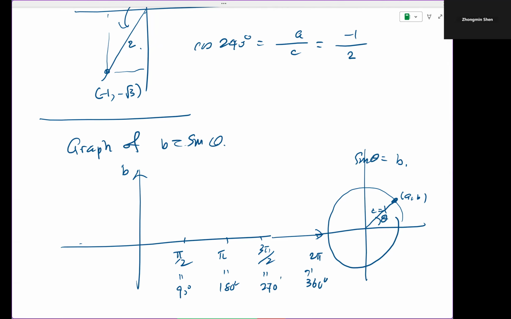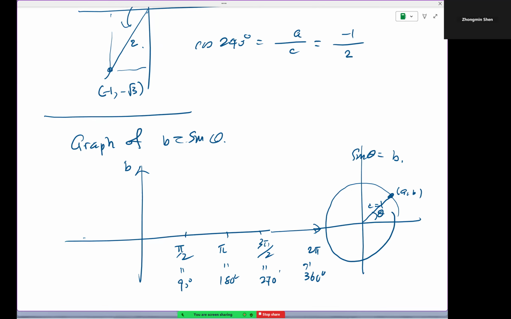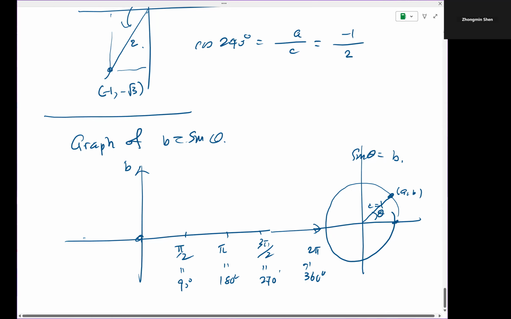Let's increase. When theta is 0, B is 0, right? When theta increases to pi over 2, B is going to be 1, right? So B is increasing when theta increases.